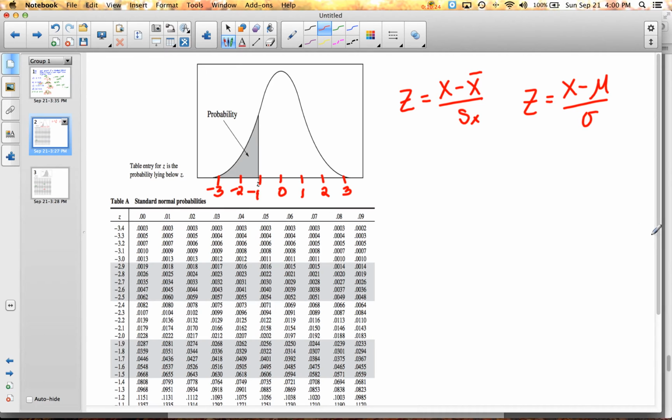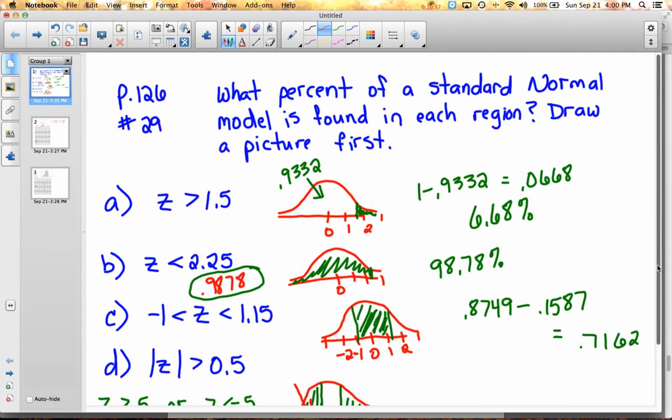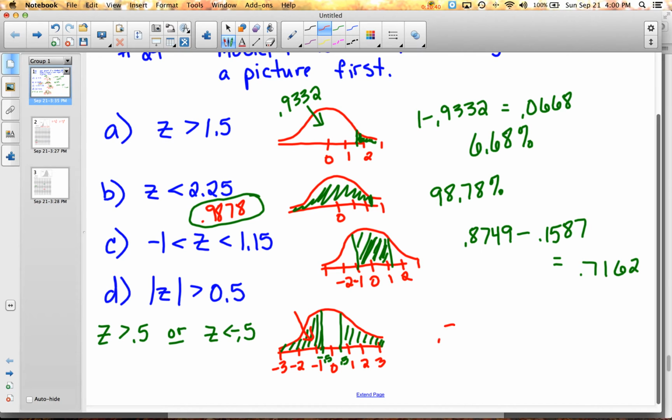I find negative 0.5 right here, and I get this value, 0.3085. But then we have to double that. So we get 0.6170.